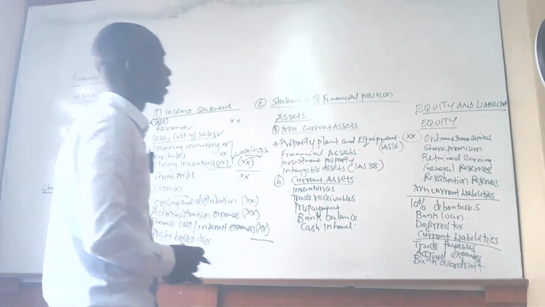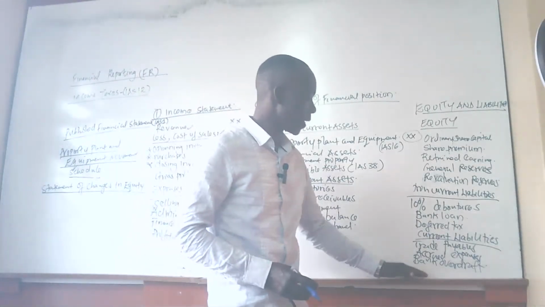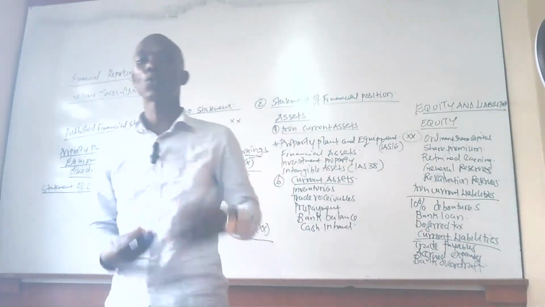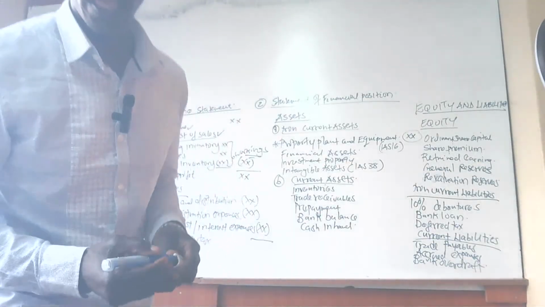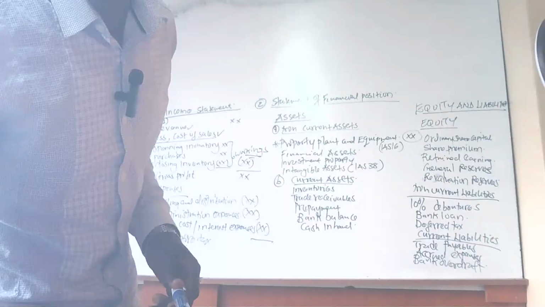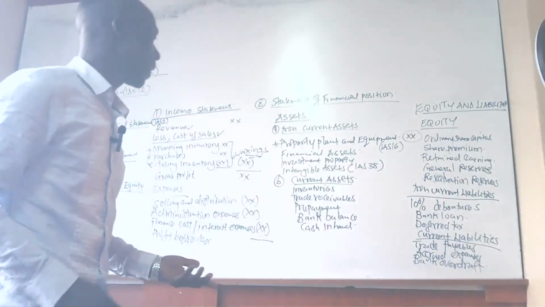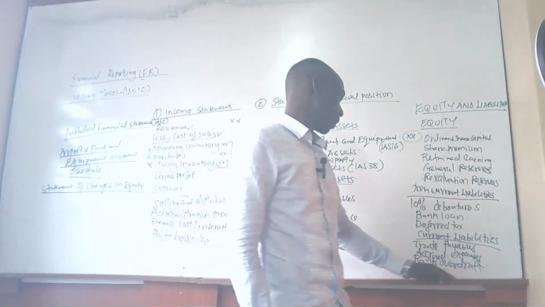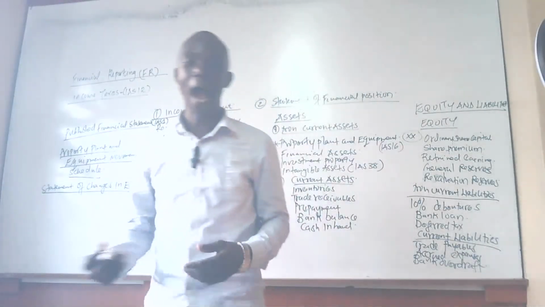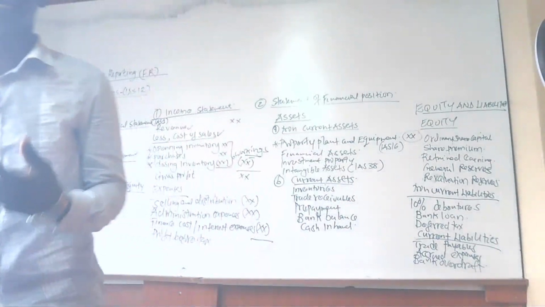So your bank account is going to remain negative, which means you withdrew more than what you had in that account. That is what we refer to as the bank overdraft.